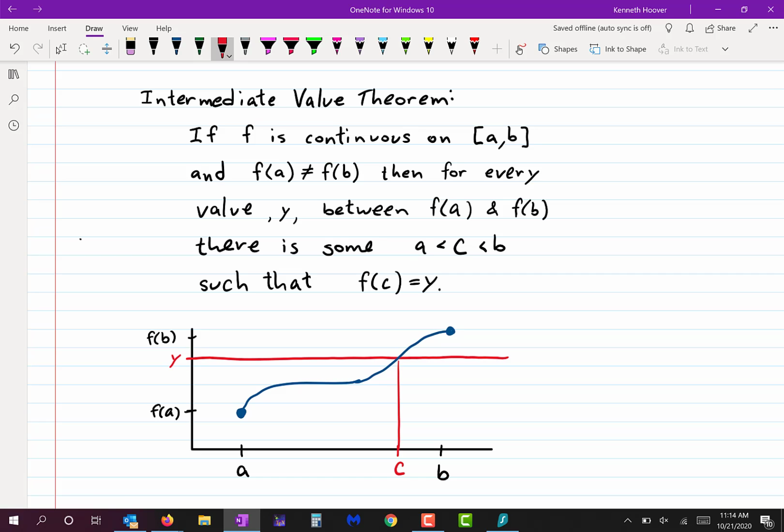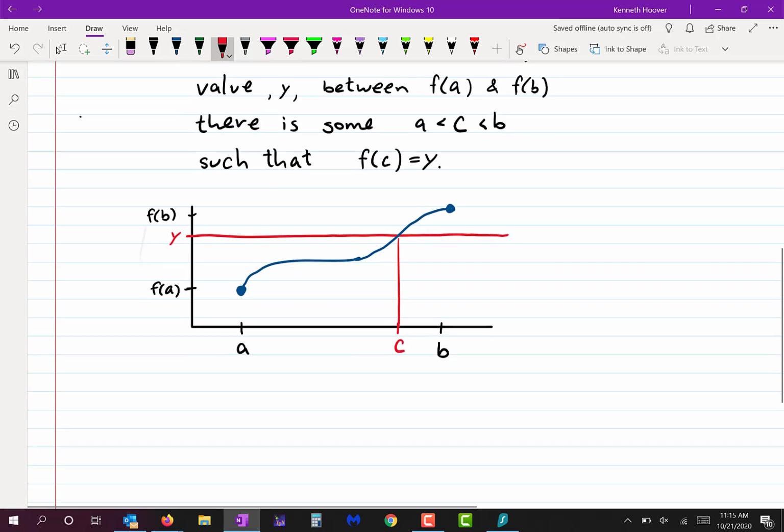This can be really useful for estimating roots. Like, for instance, suppose you forgot exactly how big is, let's say, the square root of 2. Okay?